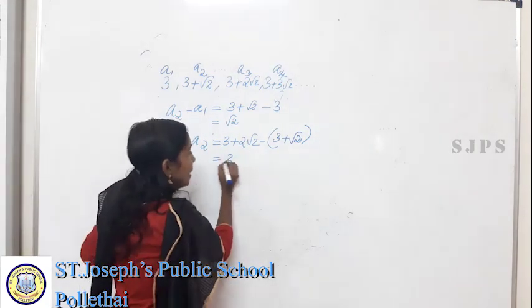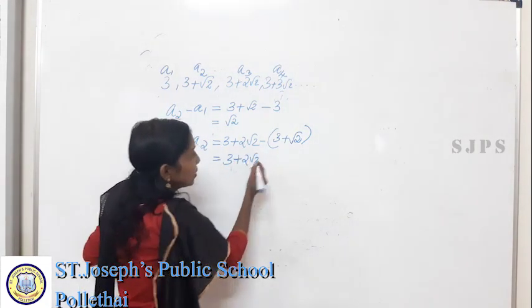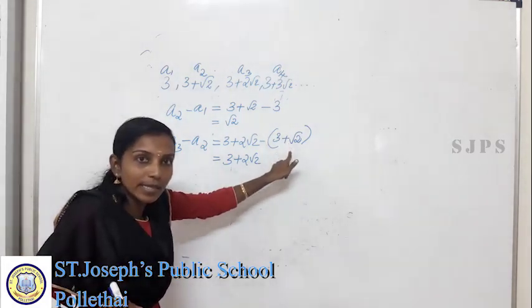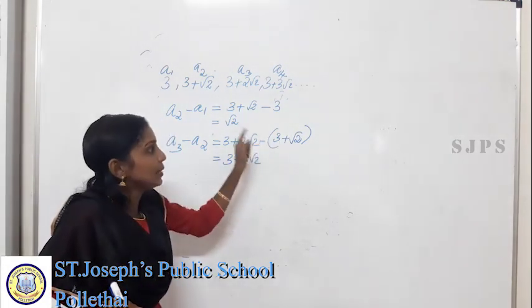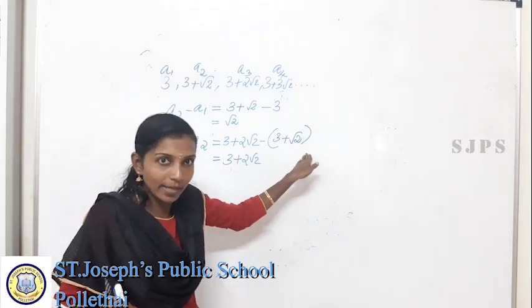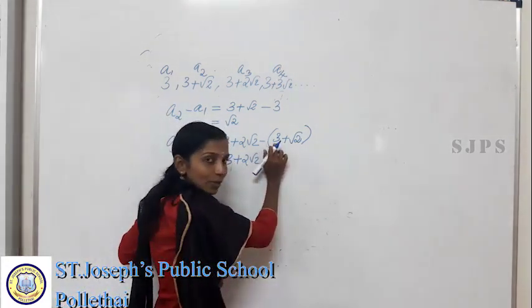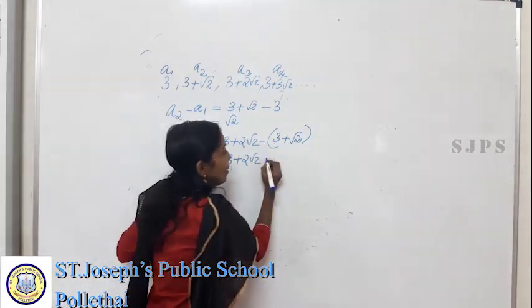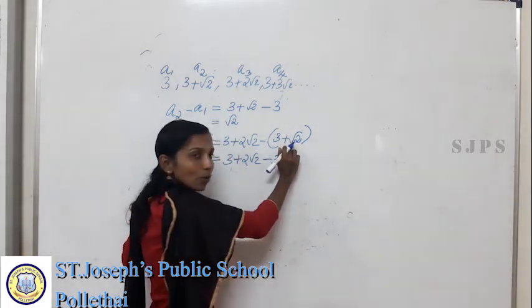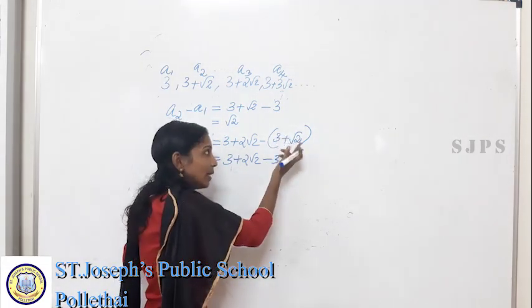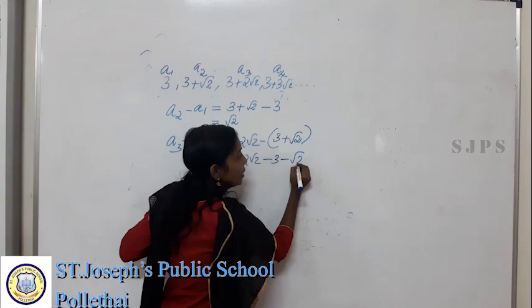So 3 plus 2 root 2 minus the bracket 3 plus root 2, and the signs inside the bracket change: 3 is positive here, that becomes minus 3, and root 2 also positive, that becomes minus root 2.